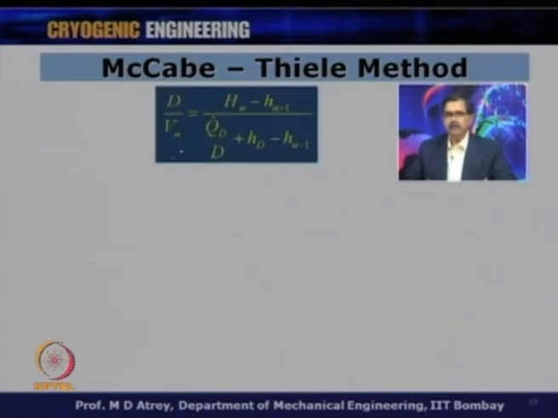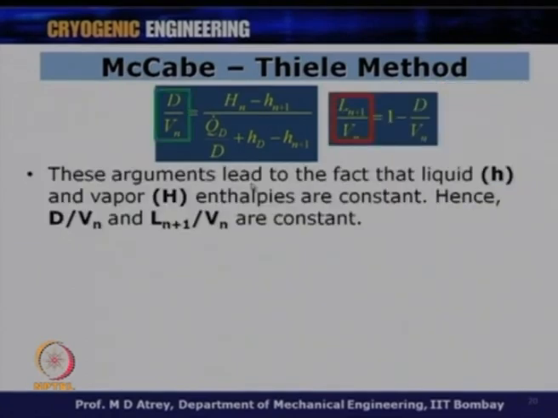So, now coming back to the expression, and the argument which we just made leads to the fact that liquid enthalpy and vapor enthalpies are constant, independent of the mole fractions. Because they are all enthalpy dependent, if they do not change at all, we can say that D by V and therefore L by V are constant.